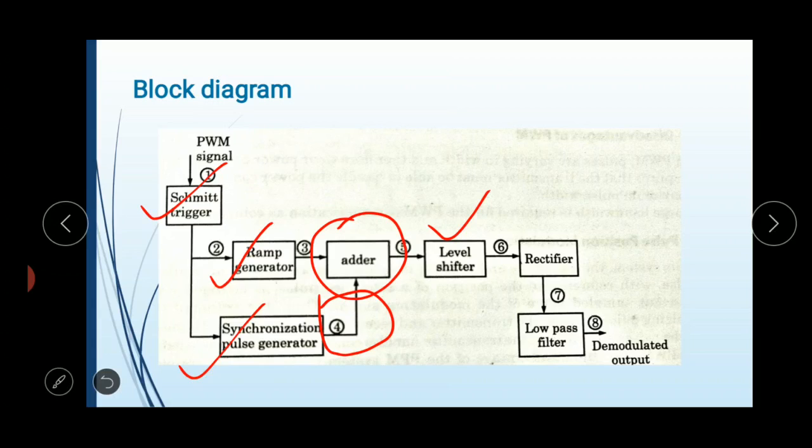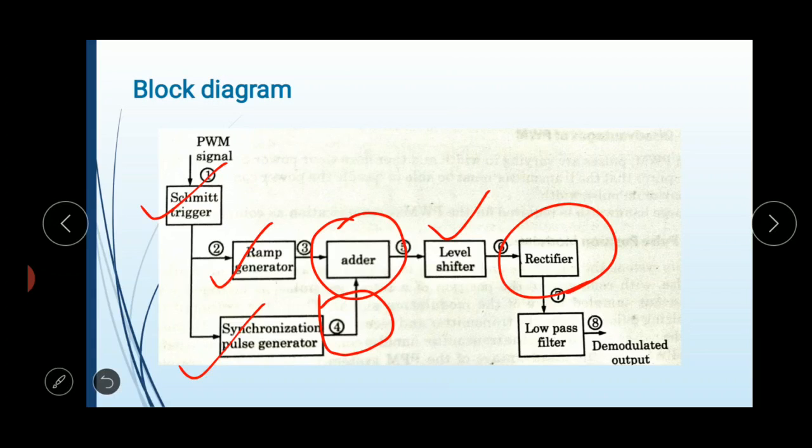The level shifter shifts the waveform, means here the negative offset shifts the waveform, then the negative part of the waveform is clipped by the rectifier. So here the rectifier is used as a clipper circuit. Then the output of the rectifier is applied to the low pass filter to recover the modulating signal.